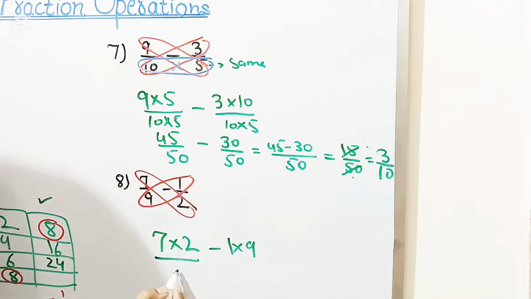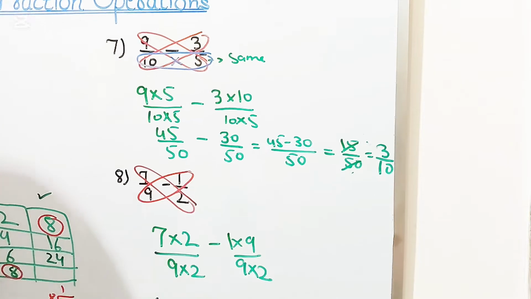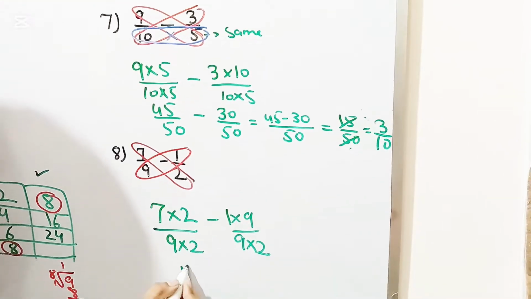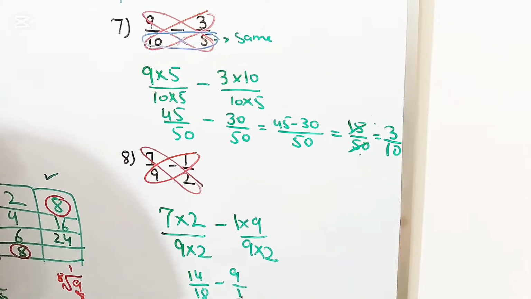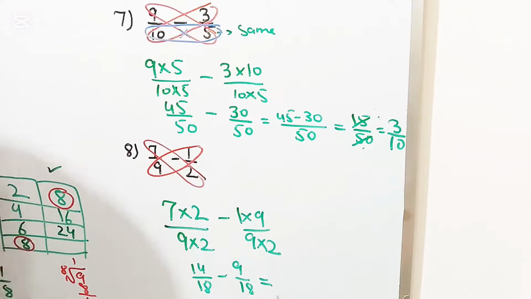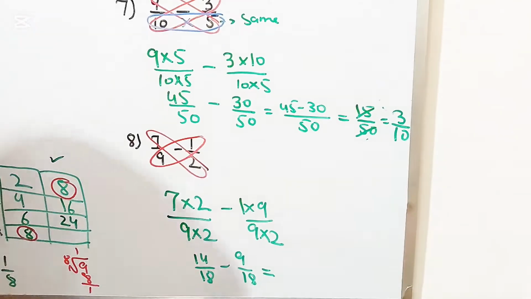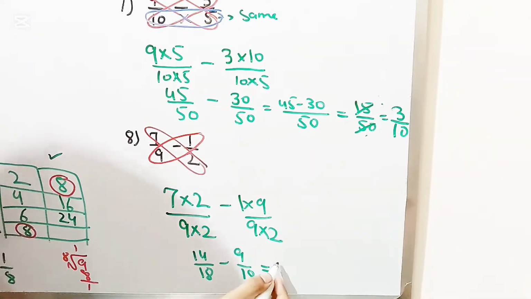And we multiply both denominators. 9 multiplied by 2. 7 2s are 14. Minus 9 over 18. 14 minus 9, 5 over 18.